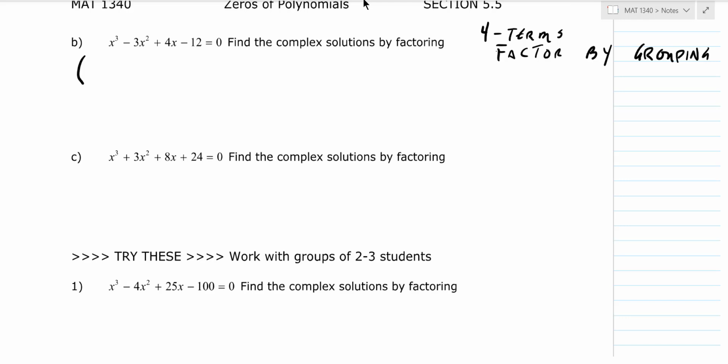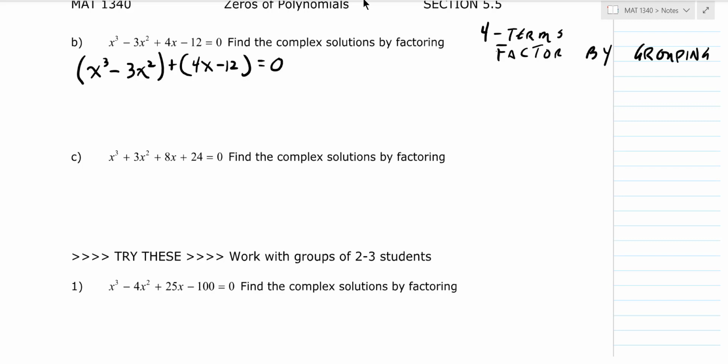You group together the first 2 terms. You put a set of parentheses around that first pair. That plus sign is going to go right there. Everything's just coming down. Then we put the 4x minus 12 in a set of parentheses. So we're grouping them together. Typically, most of the time what works is you group the first 2 and the last pair.